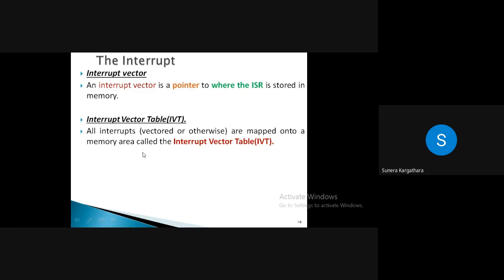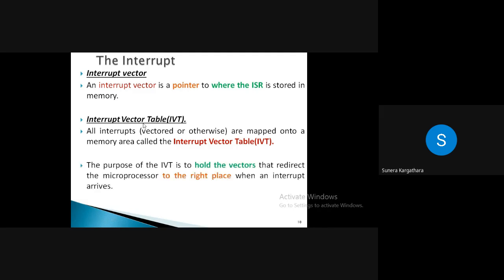It is where you have done the mapping, where your interrupt related service routine is stored at that location. For example, if I say I have a memory location 0000 to FFFF, and starting from CCCC to FFFF, I am storing some interrupt service routine related programs. So that is known as the interrupt vector table.